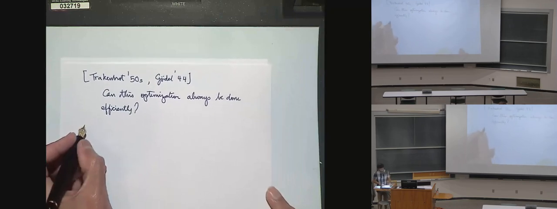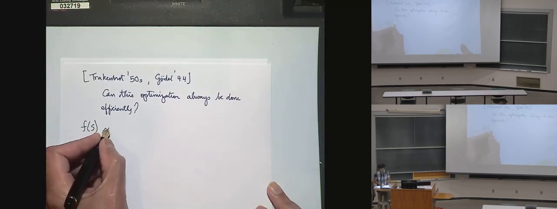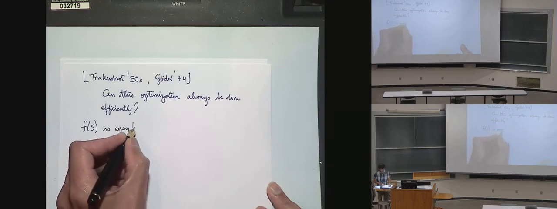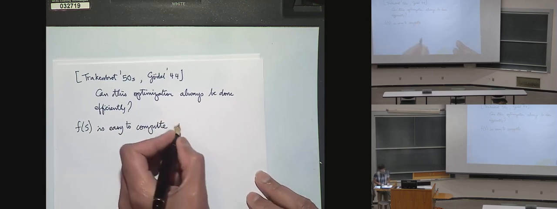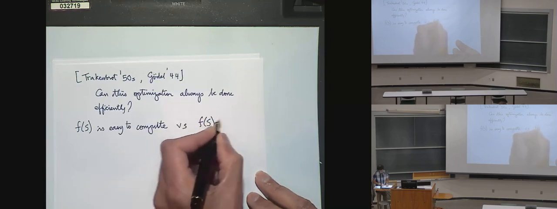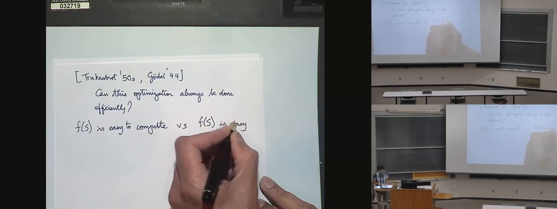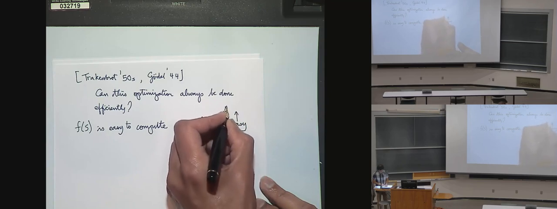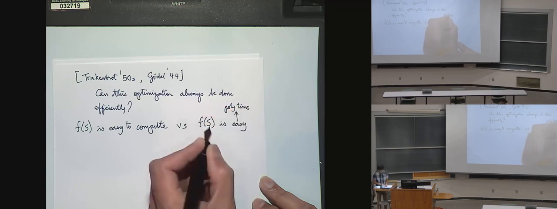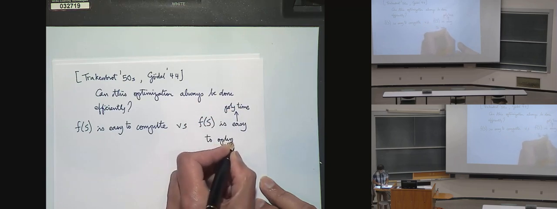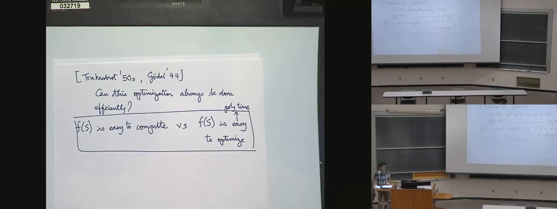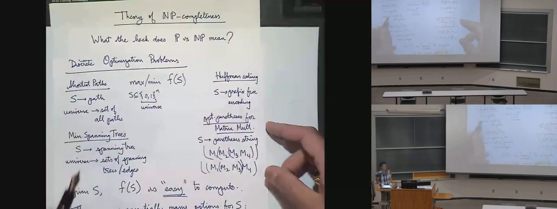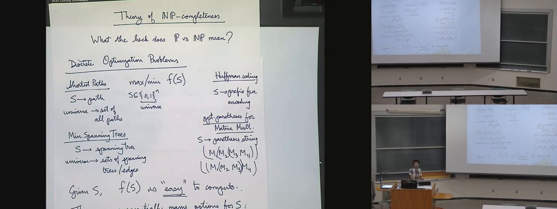Okay. So specifically, this function f(s) is easy to compute. In all of the situations that we care about, this is easy to compute. Versus, is optimizing f(s) easy? By easy, I just mean polynomial time to optimize. So in each of these cases, we proved that f(s) is easy to optimize.